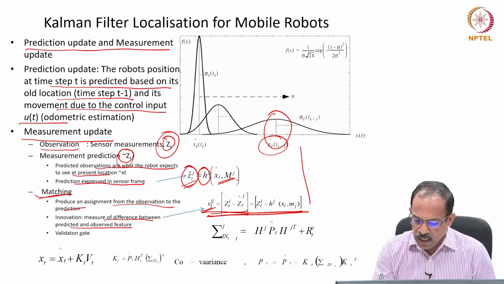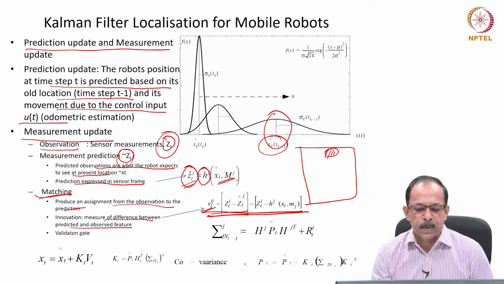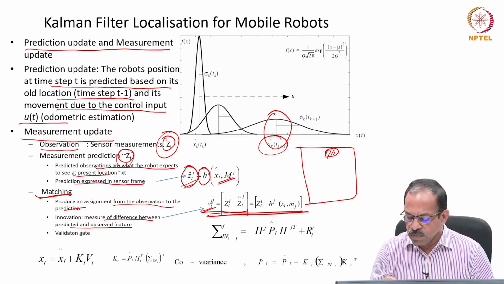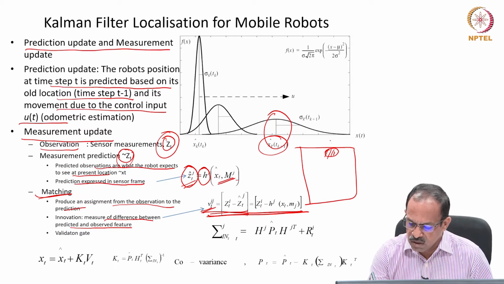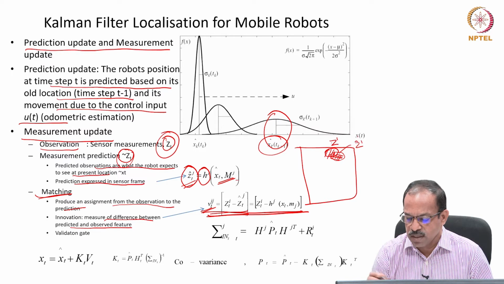So, if there is a map like this and the robot is seeing an object here, this is what the robot is actually seeing, I call this Z1. And the robot is supposed to see something here, so I call this Z1 hat.